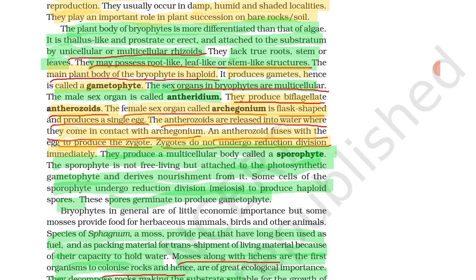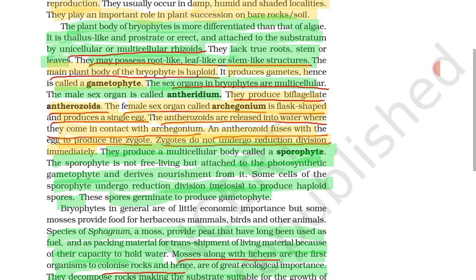Meiosis, and produces haploid spores. These spores germinate to produce the gametophyte. See, again the gametophyte is produced. In the sporophyte, there is a reduction division. After reduction division, we know they produce haploid spores. From these haploid spores, they produce the gametophyte.